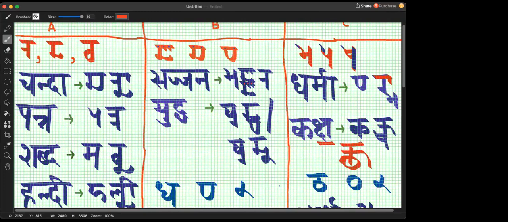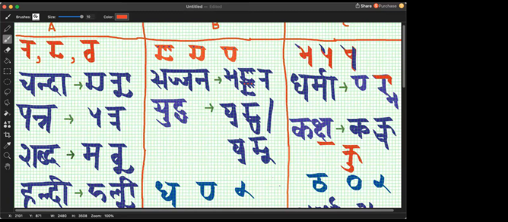You don't have to get confused at all. If you know that there is anything right below the ka, whether a u matra or any other conjunct, you can just close your eyes and blindly write ka like this on the top. And you can continue writing any u matra or sha matra. The moment you know K has a dependency on either U or any other alphabet, K will be this. This is 100%. There's no change in that.